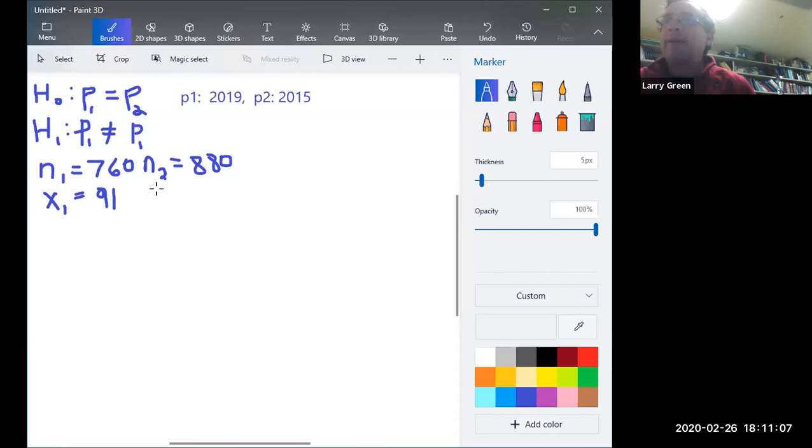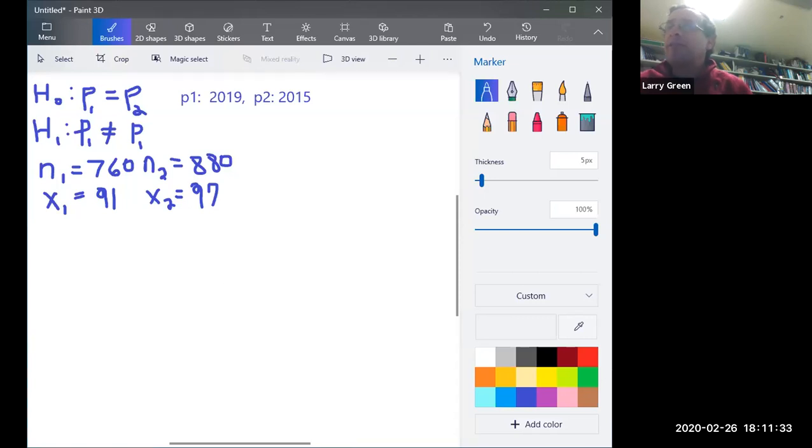And then X2, that's going to be 11% of 880. And 11% of 880, if you put in your calculator, is 97. Any questions so far on getting all the numbers?